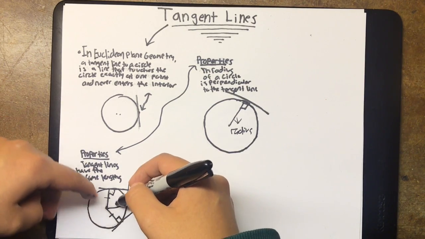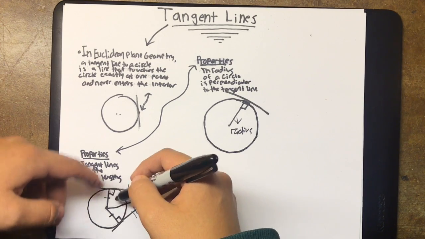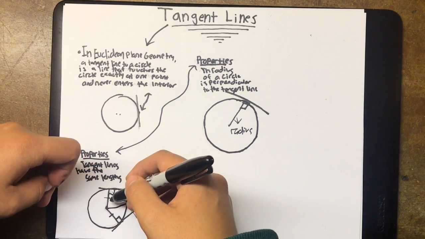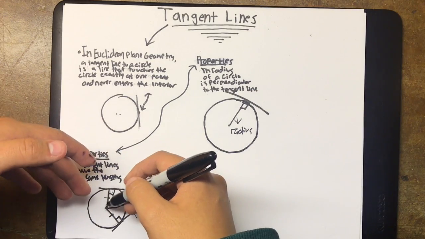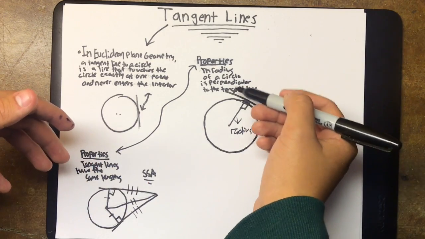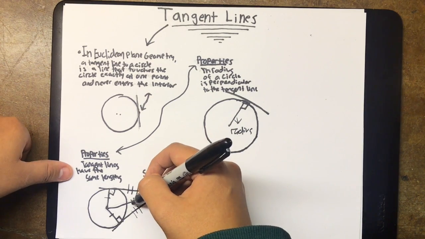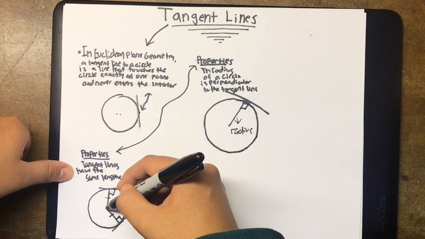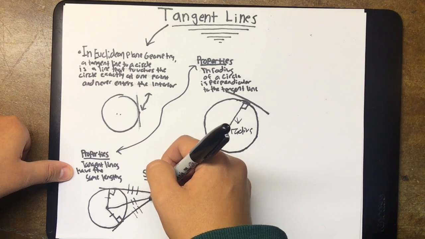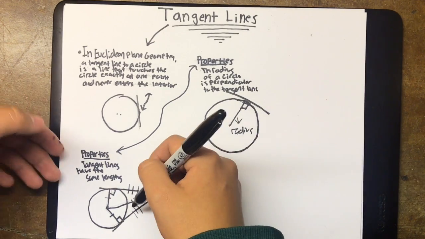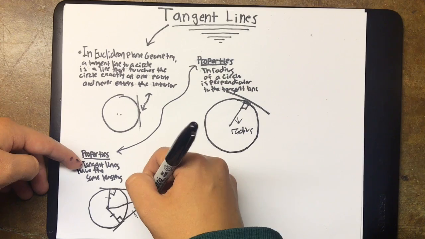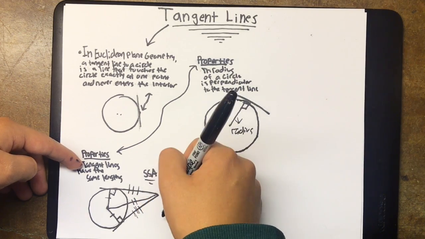We know these two triangles have the same angle because the radius is perpendicular to the tangent line, as mentioned before, and they share the same second side in the middle. So by using side-side-angle, we know that the third sides, which are the tangent lines, are the same.